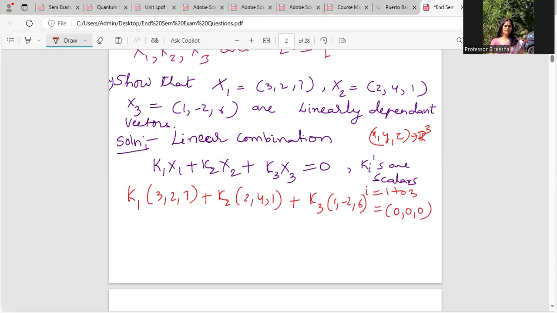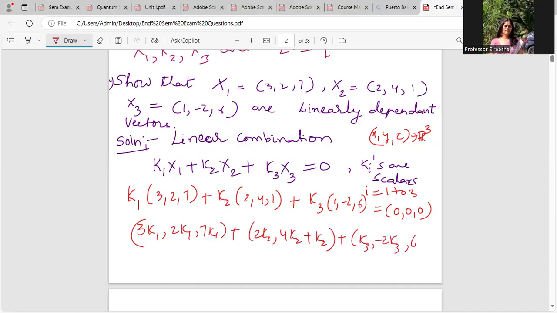Now I'll open the brackets by multiplying the vectors with k1, k2 and k3. 3k1 comma 2k1 comma 7k1, that's the first vector. 2k2 comma 4k2 comma k2 is the second vector. k3 comma minus 2k3 comma 6k3 is equal to 0 comma 0 comma 0.